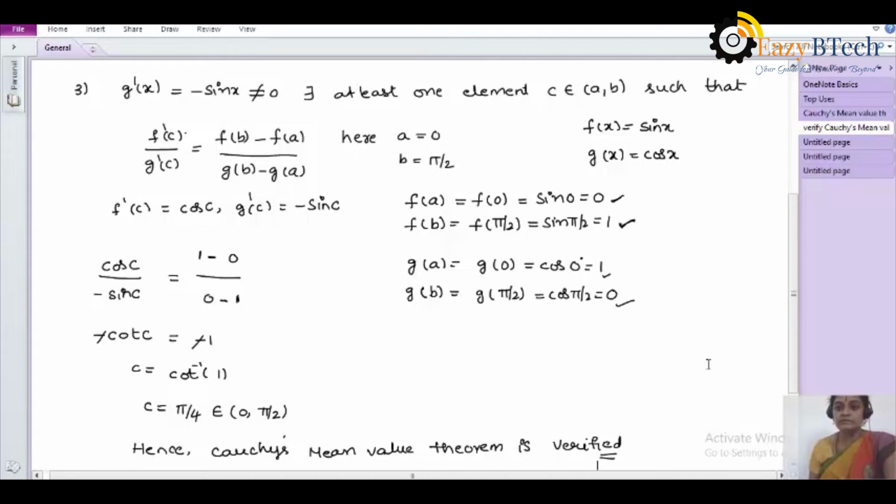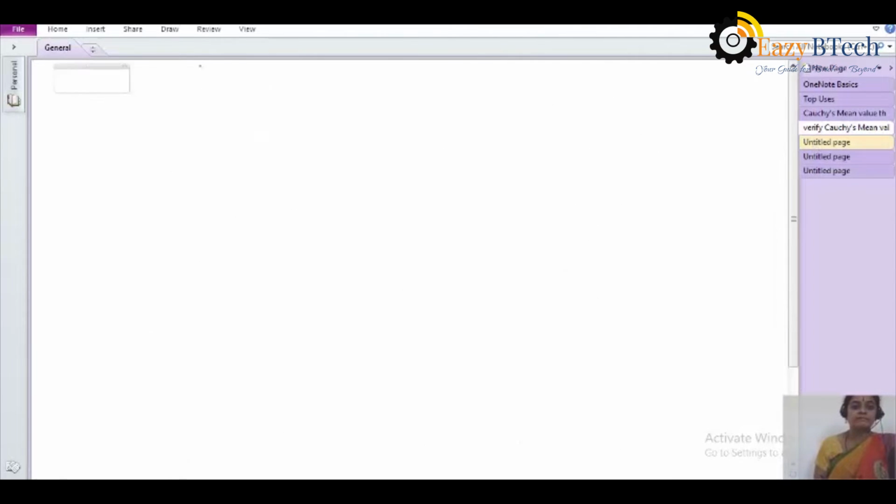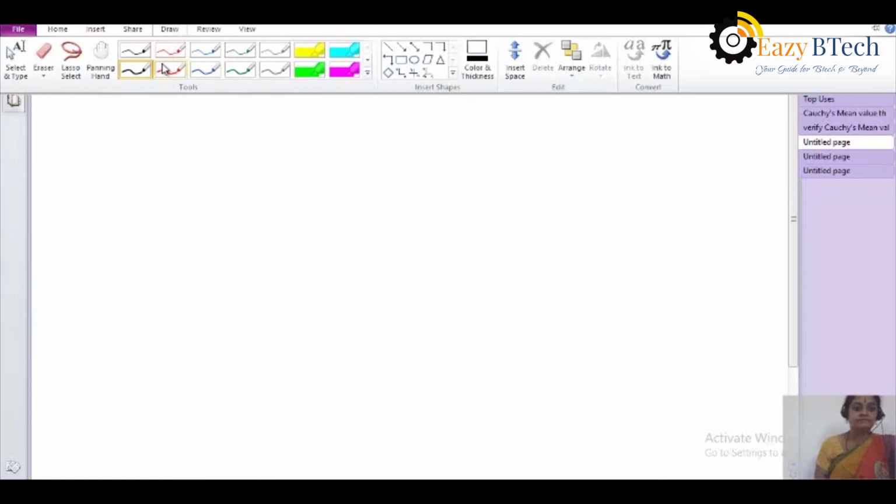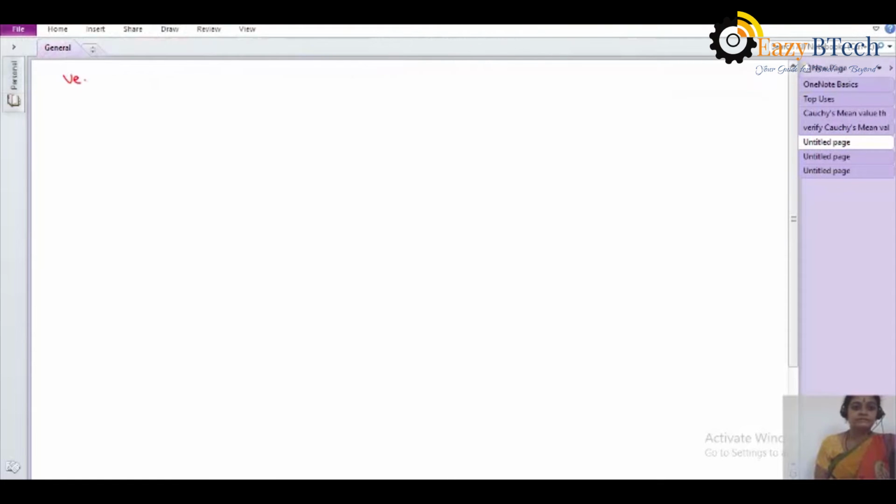Now one more question related to the same topic, Cauchy's mean value theorem. Verify Cauchy's mean value theorem for f of x is equal to root x and g of x is equal to 1 by root x in the interval a comma b.